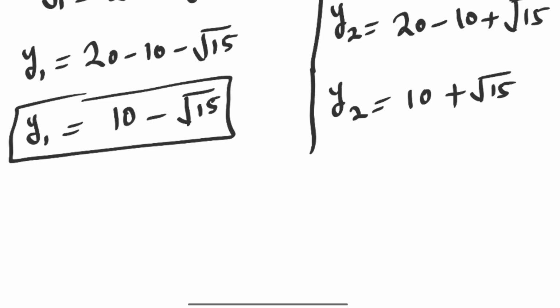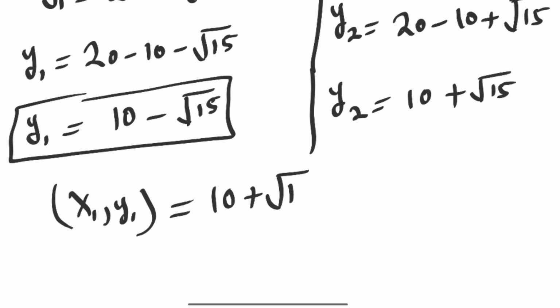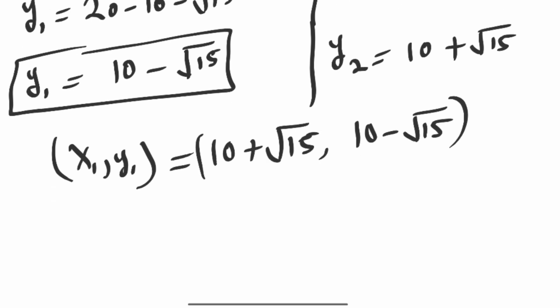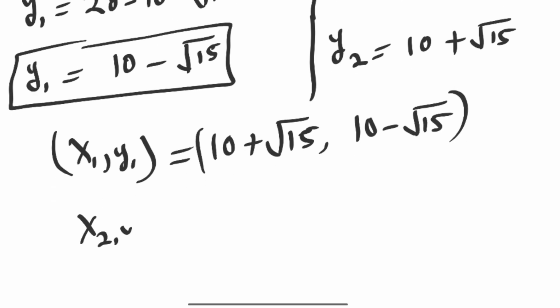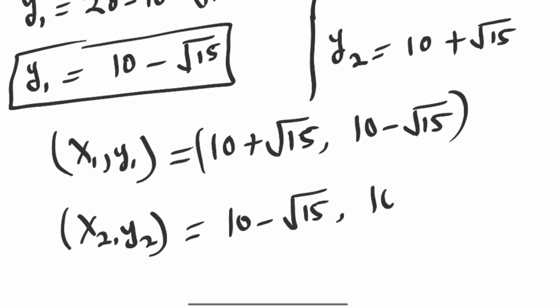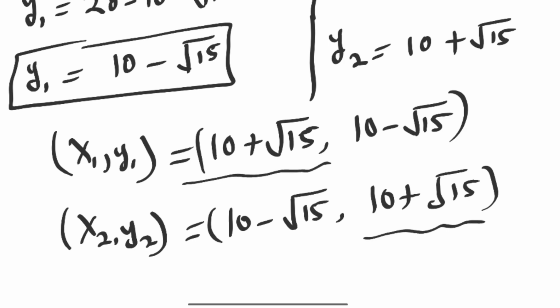Therefore, our final answers are x1, y1 is equal to 10 plus root 15, 10 minus root 15; x2, y2 is equal to 10 minus root 15, 10 plus root 15. You can see that the value of x1 is equal to the value of y2, and the value of y1 is equal to the value of x2.